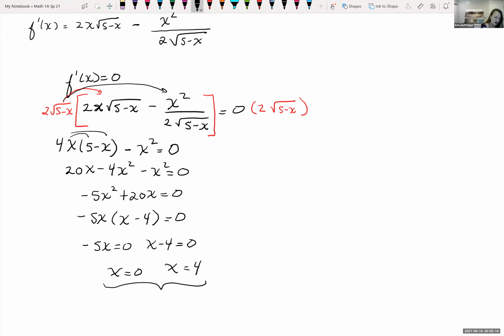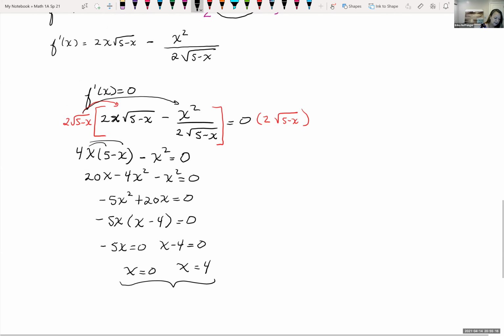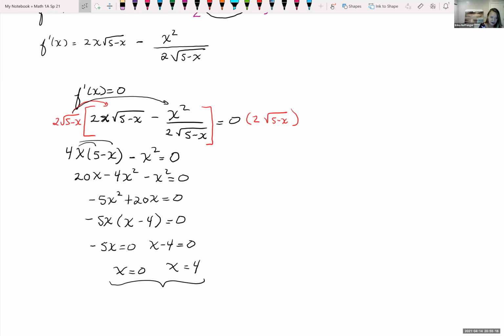Now we want to look at when is this undefined? Well, it's undefined when we have a negative underneath the radical, but it's also undefined when we get 0 in the denominator.